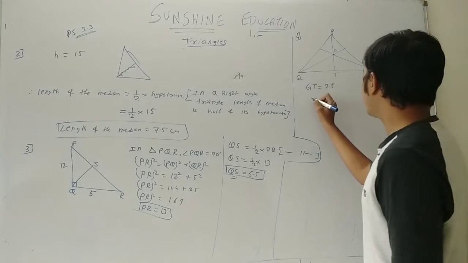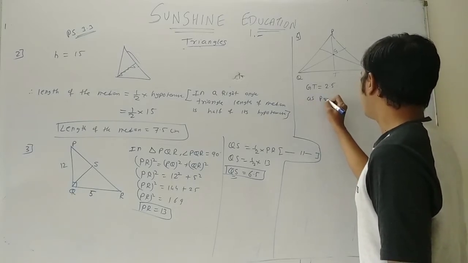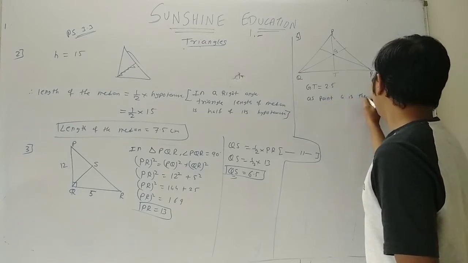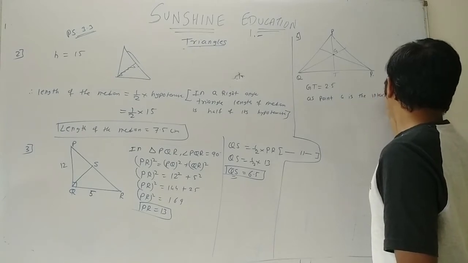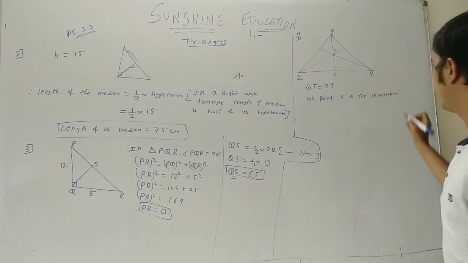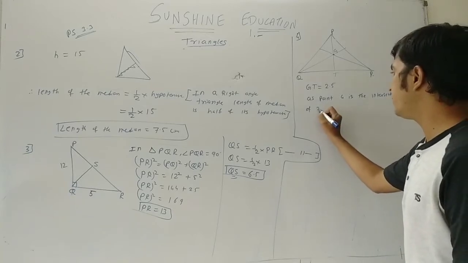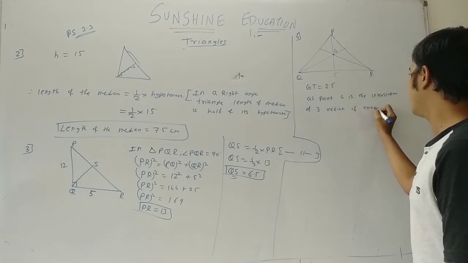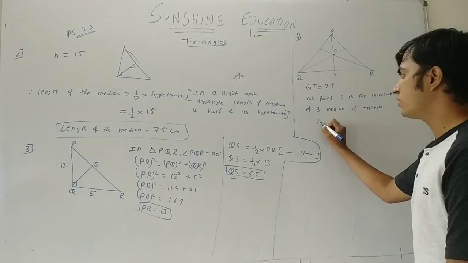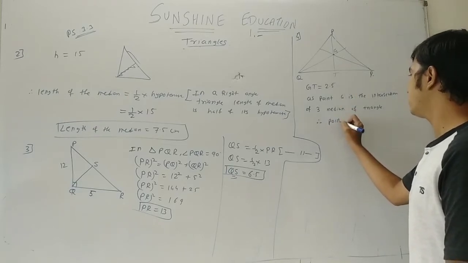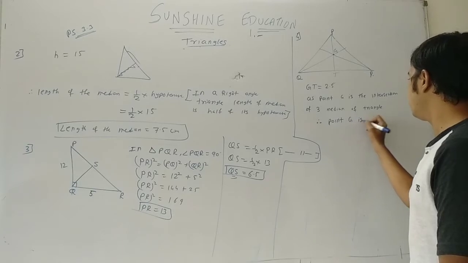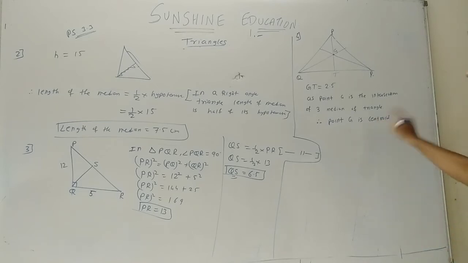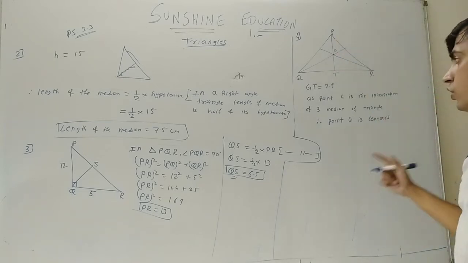So we know that, as point G is the intersection of three medians of triangle, therefore G is centroid. Point G is centroid, and centroid divides the median in the ratio 2:1.